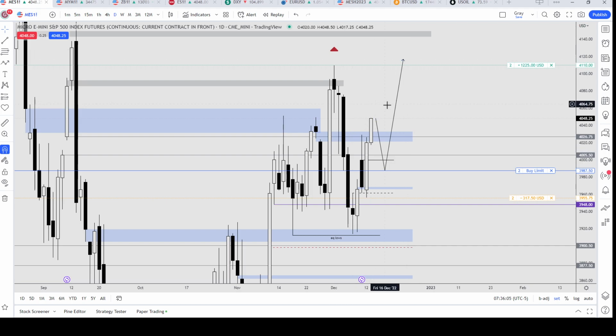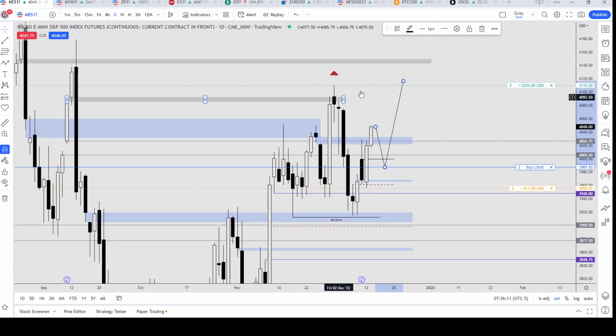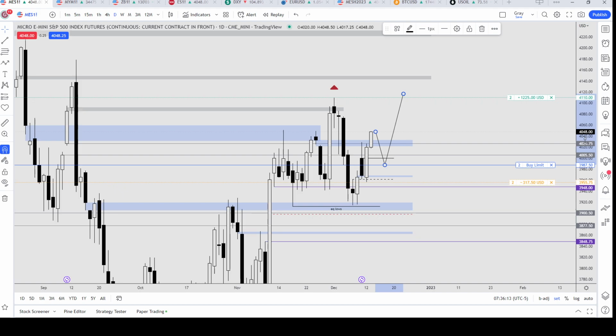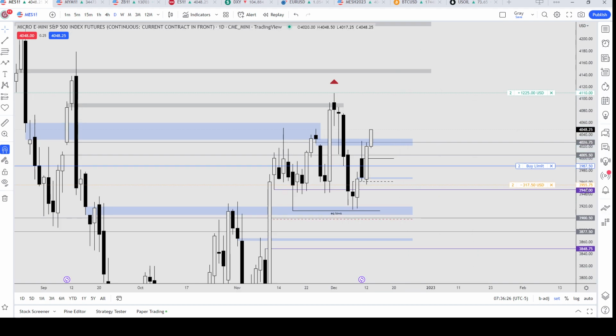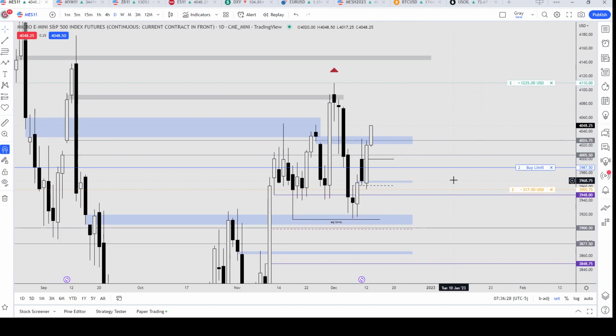In an event whereby price takes out this high over here, I'm thinking that it could want to run the stops down here right after. It's just going to be like a 1 minute candle thing, so let's see. It's going to be interesting, and I think that's about it for now.